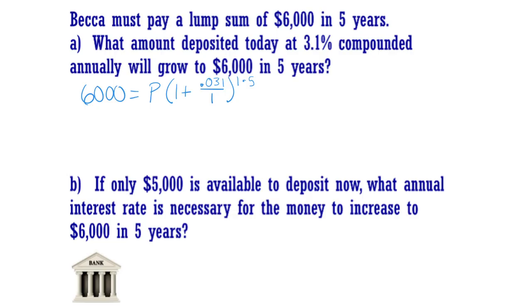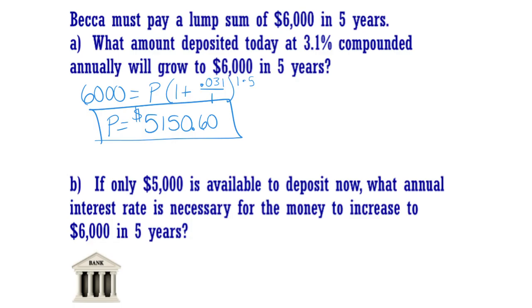And what I have then is a principal of $5,150.60. Now, that's what I would put in the bank so that I would have the $6,000 in 5 years. So it looks like I would earn about $850 in that 5 years.